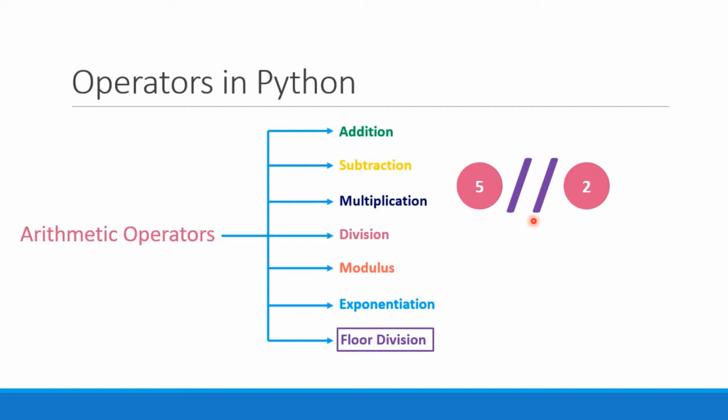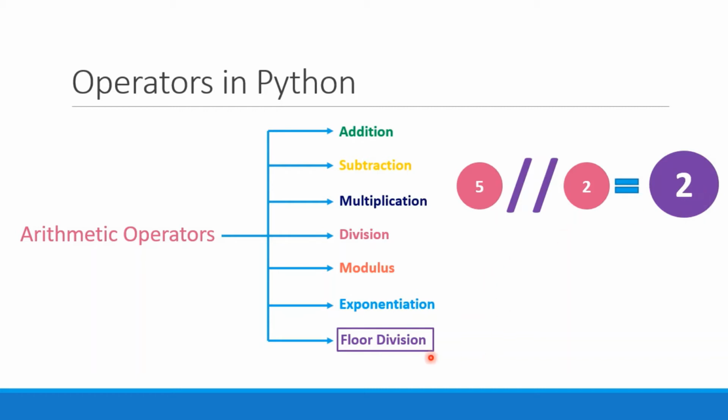This double forward slash will tell Python to give us only the floor value. Floor value means, look at its answer. You have the answer 2 here, but there you have the answer 2.5. When you did division, you got the answer 2.5, and when you did floor division, you got the answer 2. Why? Because floor division will not consider the value after the decimal. Maybe it's 0.5, maybe it's 0.3, but floor division will give you the answer before the decimal. It will not consider the value that is after the decimal.